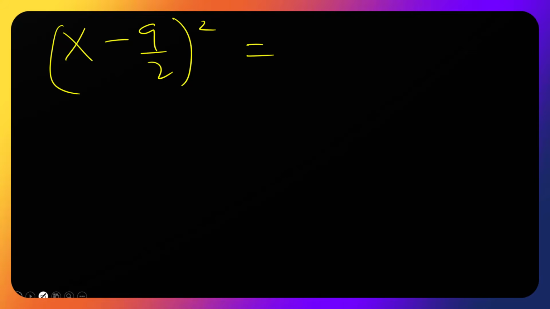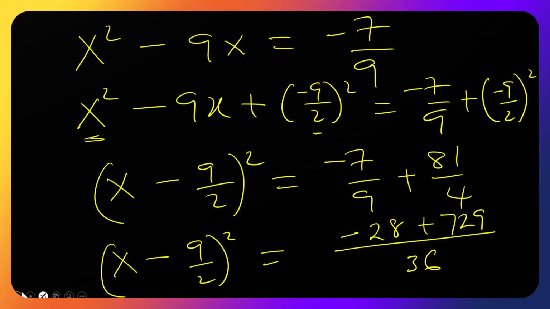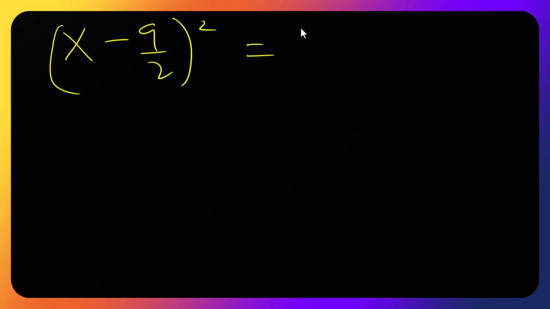So x minus 9 on 2, all squared, is 729 minus 28, that will be 701 on 36.